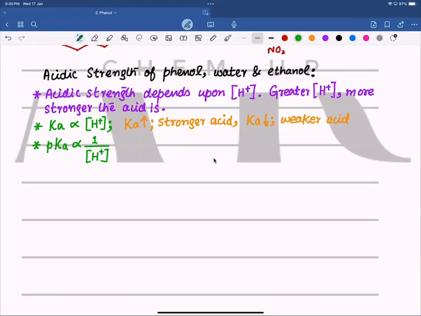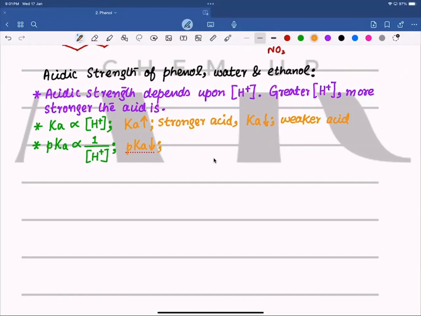So, sir, more hydrogen ions mean a higher Ka value? Yeah, if there are more hydrogen ions in the solution, then its Ka value will be higher.